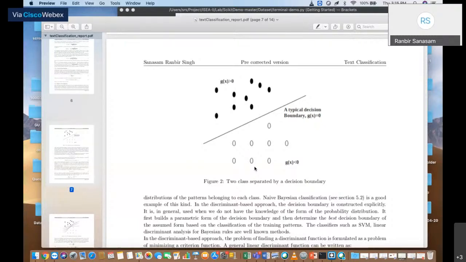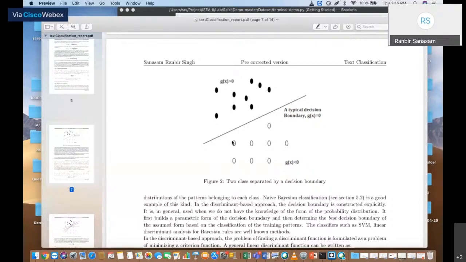In SVM, what I'm trying to find is some kind of hyperplane, this line that will separate these black dots from the white dots. This separating hyperplane is the target.